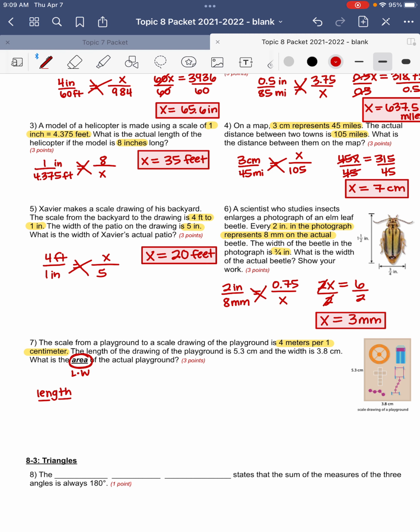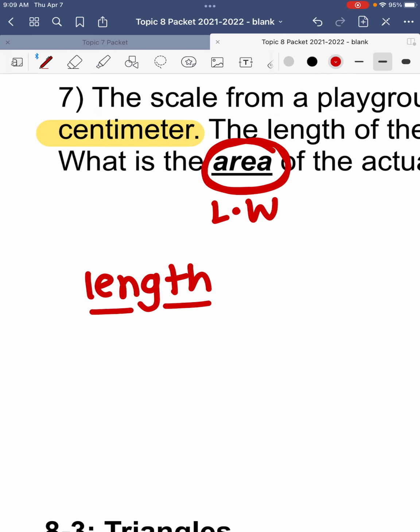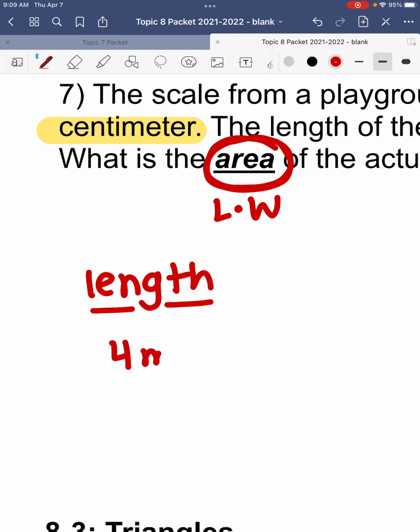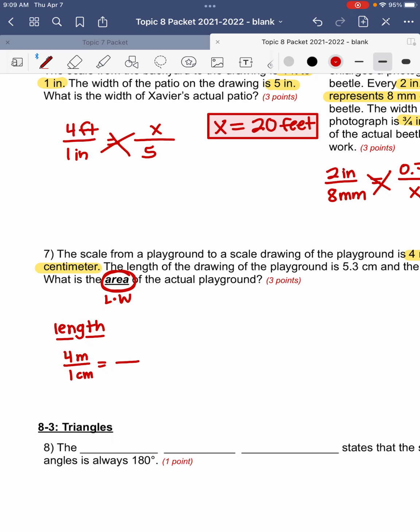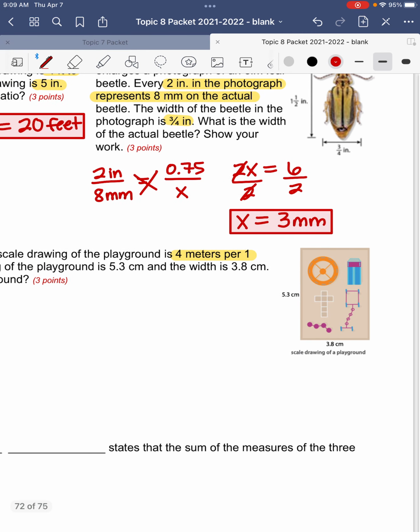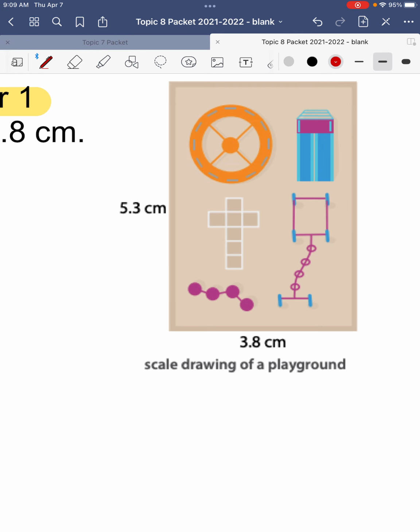Because it's written as 4 meters per 1 centimeter, I'm going to put 4 meters on top, and 1 centimeter on the bottom. So my meters are going on top, my centimeters are going on the bottom. If you did it as 1 centimeter over 4 meters, that's perfectly fine, as long as you're consistent with where your units go.